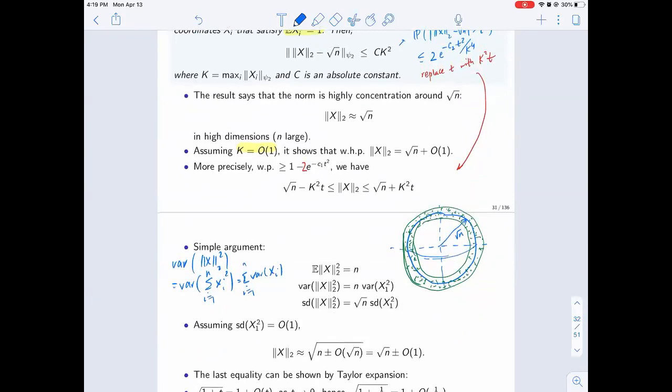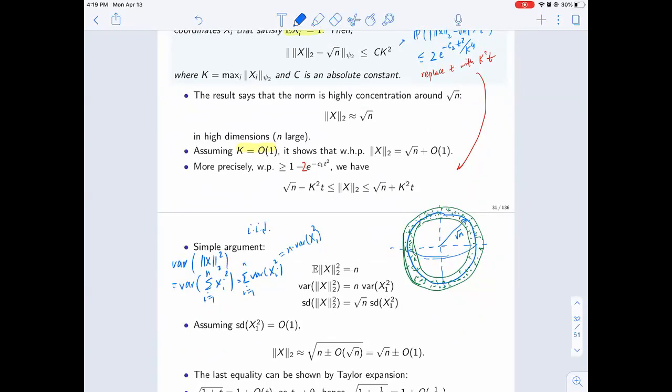For this simple argument, this is not going to work otherwise. So I'm assuming, let's say, IID here. So this is going to be n times the variance of one of them. But this is not needed for the result, just for simplicity. Because we're doing a heuristic argument, let's do that simplification. So it would be n times the variance of one of them, so the variance of this guy squared.